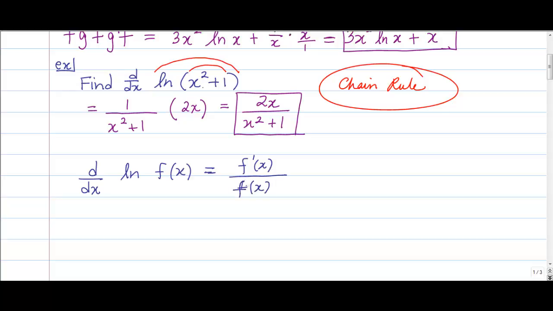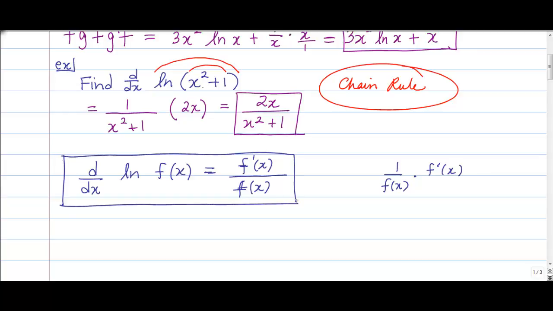Where is this coming from? This is coming from the fact that the derivative of ln something is 1 over that something, and then you have to do times the derivative of the inside, which is f prime of x. And then we can just combine that, multiply the fractions. Okay. So this is application or apply chain rule to natural log of a function. Okay.